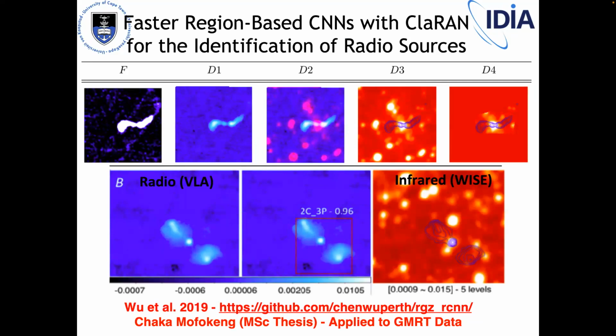Now, this is a project that we completed with my student Chaka a while back, where we applied a network that had been trained on Radio Galaxy Zoo data to data of our own. Basically, we used data from the GMRT, which is a telescope in India, and we used the infrared observations by the WISE telescope to produce images similar to the ones that were used for Radio Galaxy Zoo.